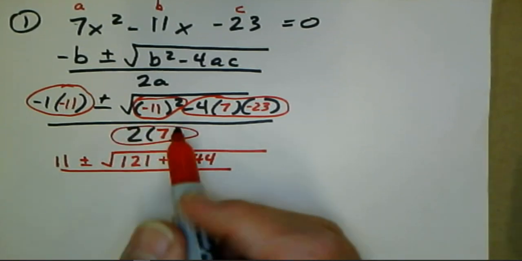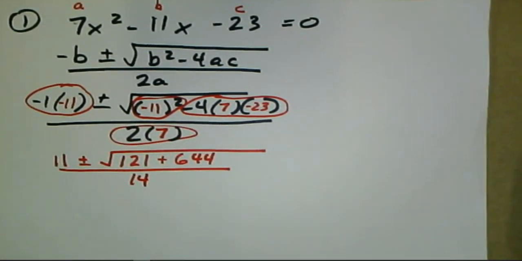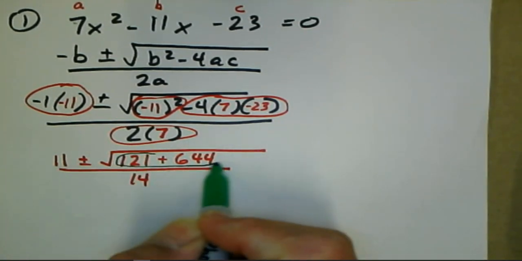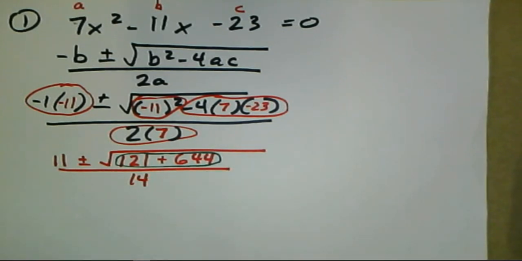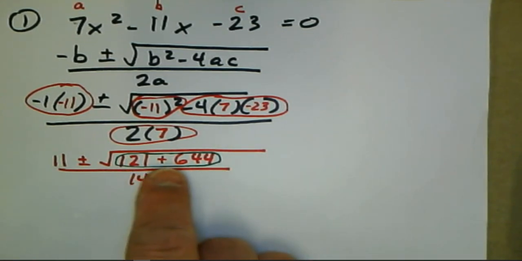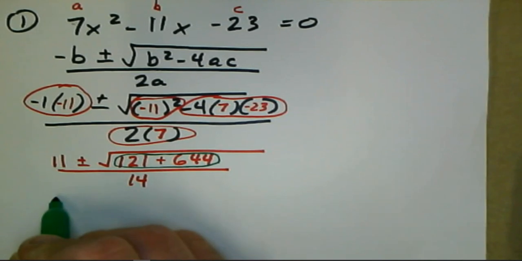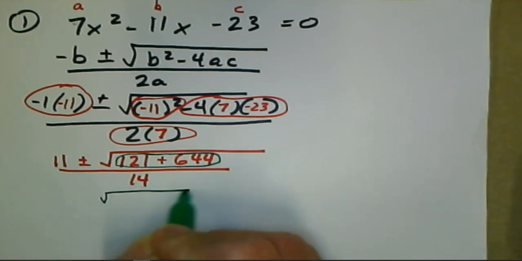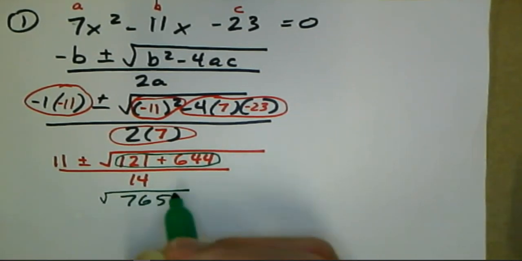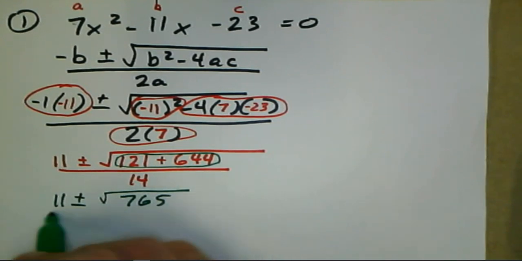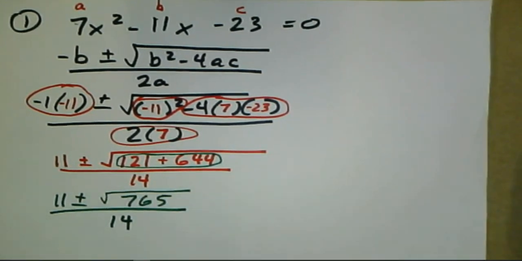And do the bottom, 2 times 7, 14. Now the only thing that we can do is what's on the inside. So 121 plus 644. 765. 11 plus or minus all over 14.